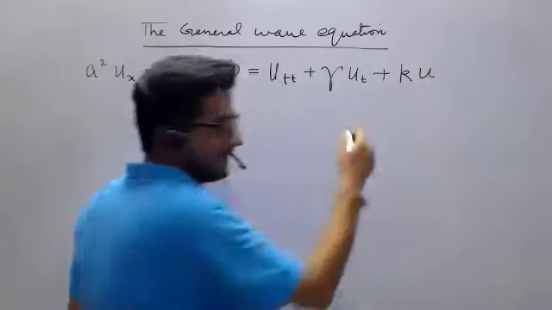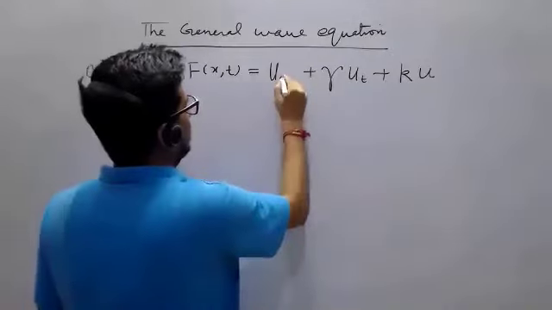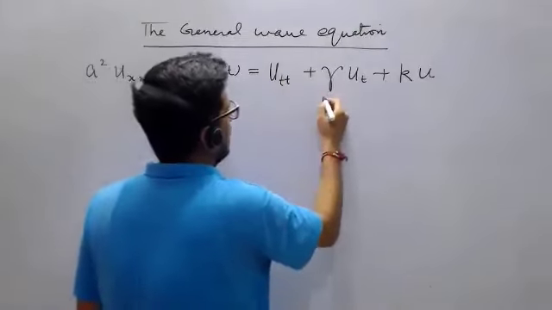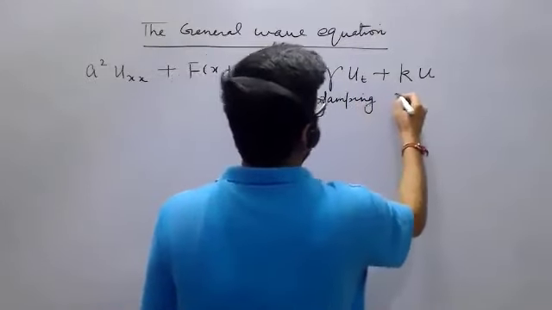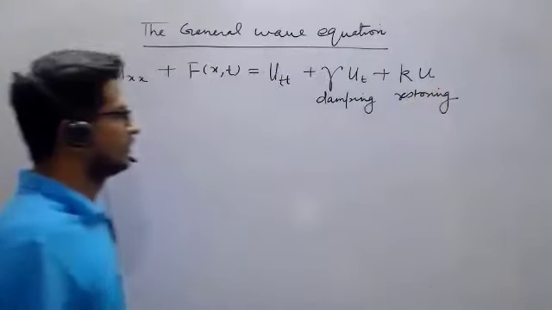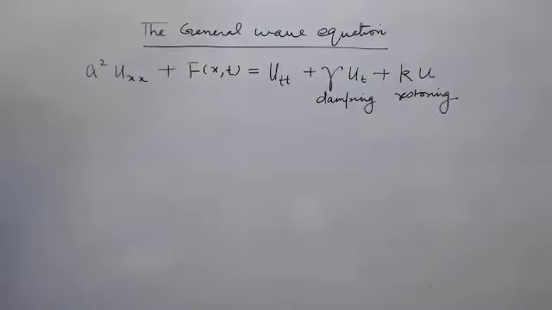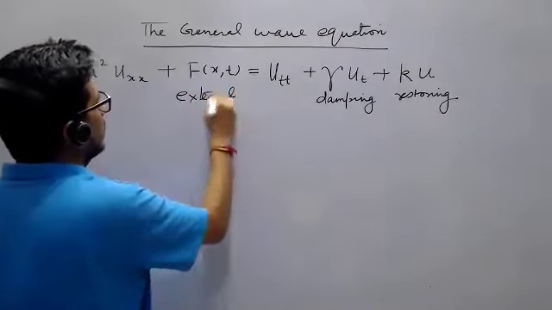Now you can see the same factors working here. They were working in the harmonic oscillator case also. So same factors are working here. This is damping factor and this is restoring factor. I told you that time also. It is going to be very important. And this F is some external force which will be different in different case.